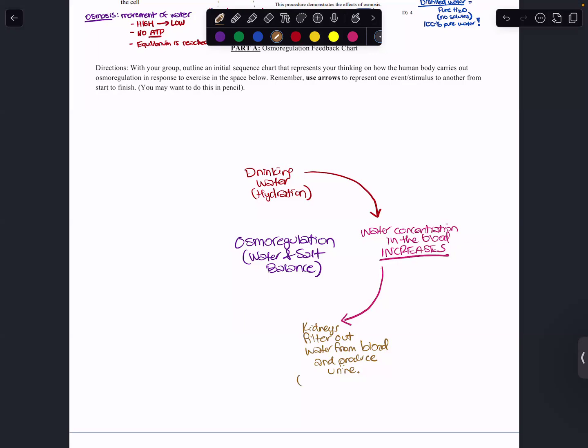But let's say I'm exercising, then the sweat glands produce sweat, right? So my urine output is going to essentially decrease if I'm exercising because my sweat glands are producing all of that sweat for me, right?